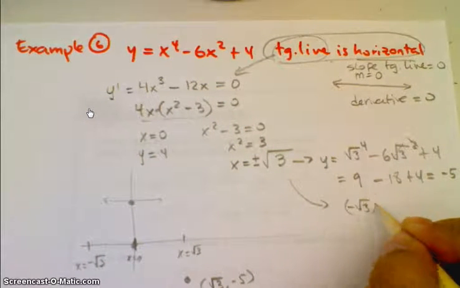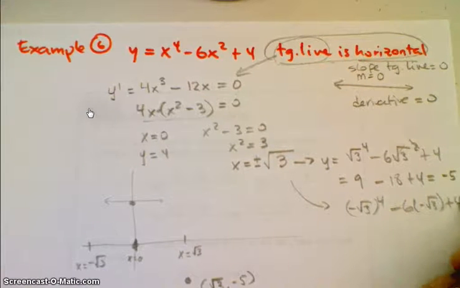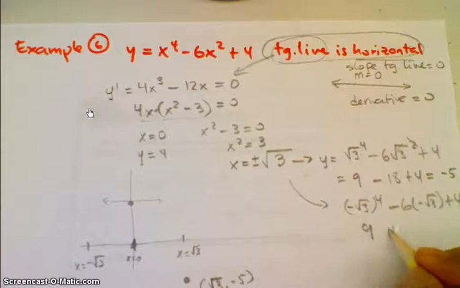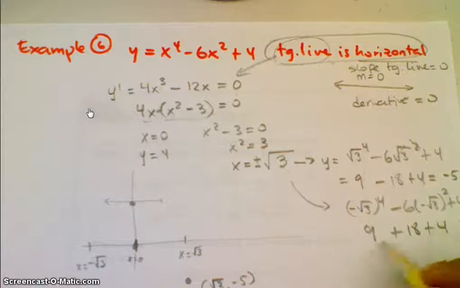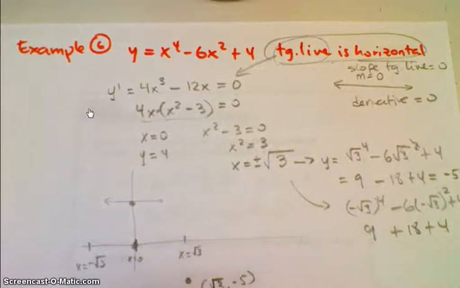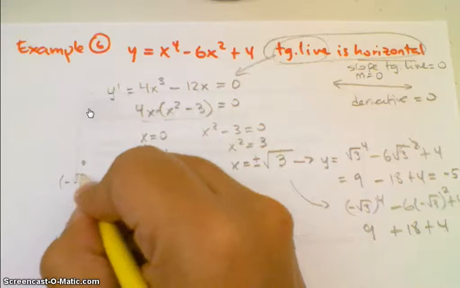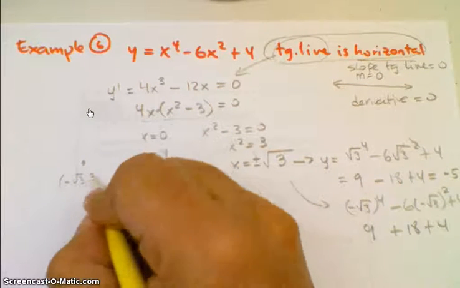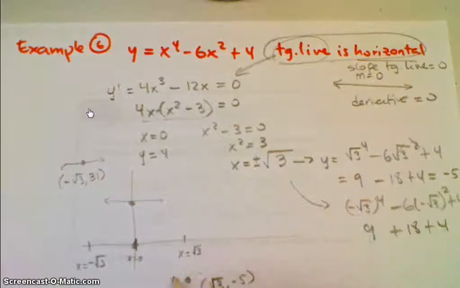Negative rad 3 to the 4th minus 6 times negative rad 3 squared plus 4. This is still 9 plus 18 plus 4. So this is 13 plus 18 is 31. So the point negative rad 3, 31 would be the other point.